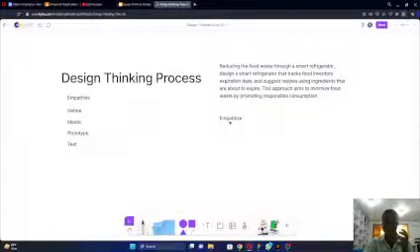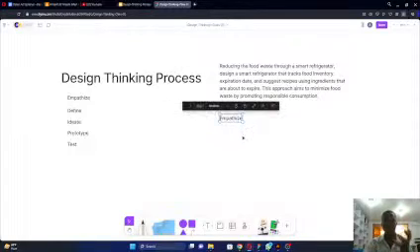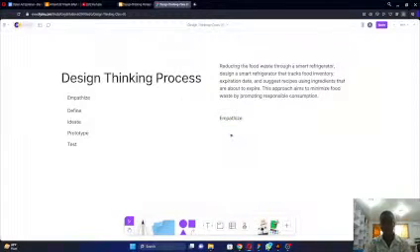So the empathize stage is a stage where we try to understand the problem they are facing. So let me write something out.